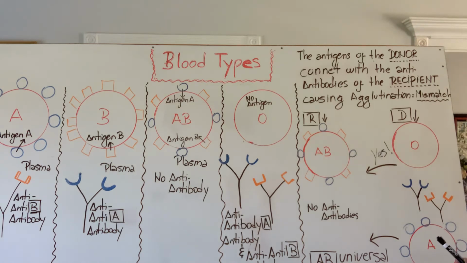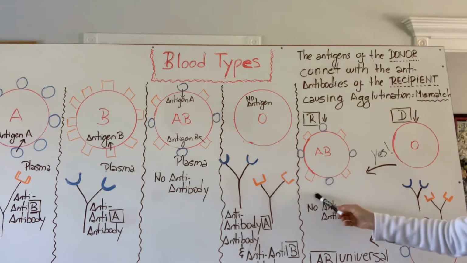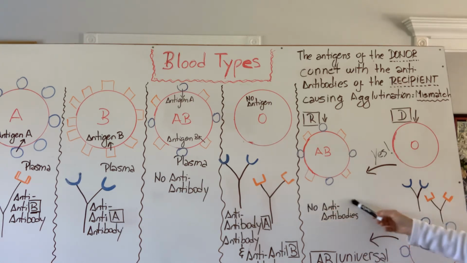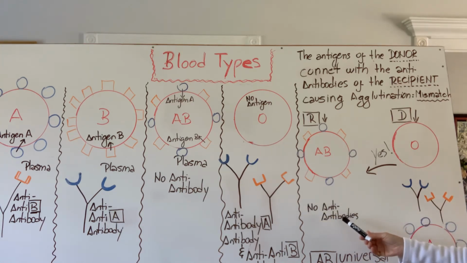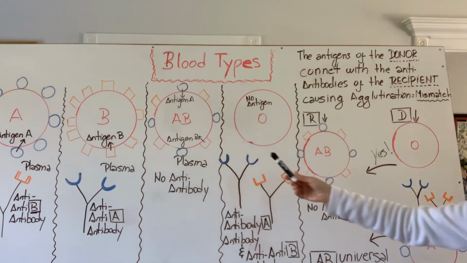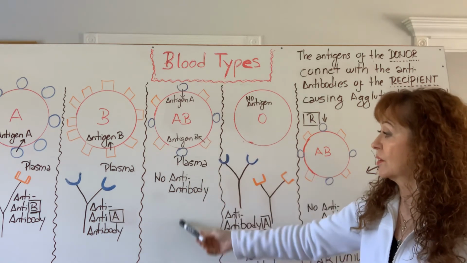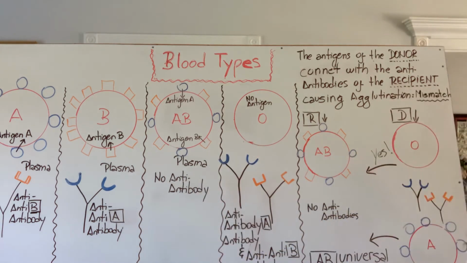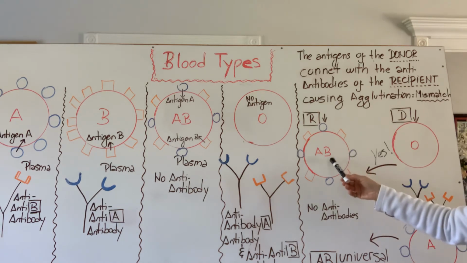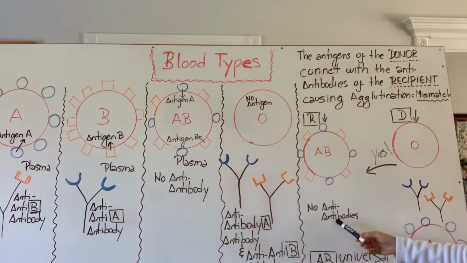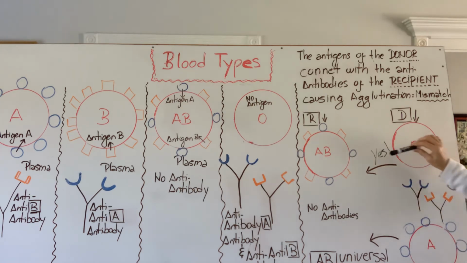In other words, if the recipient doesn't have antibodies in the plasma, and the only case we have is the group or type AB, if this blood type doesn't have antibodies, it can receive blood from any of the other types, including itself.